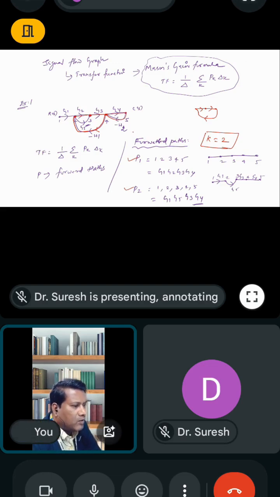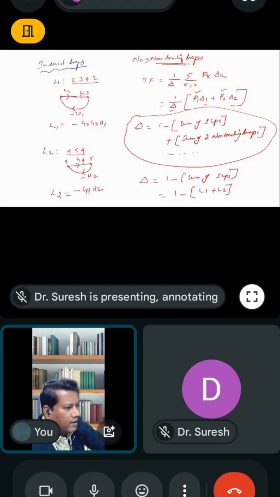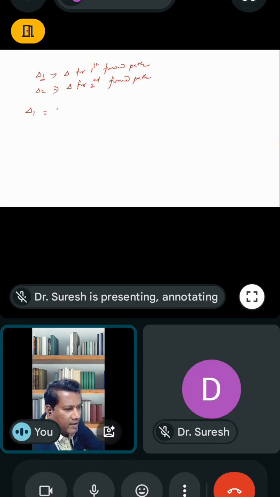Therefore, there won't be any non-touching loops. So in the del formula, 1 minus the sum of individual loops, sum of two non-touching loops, three non-touching loops, the remaining parts are 0. Therefore, the final value of del 1 equals 1.